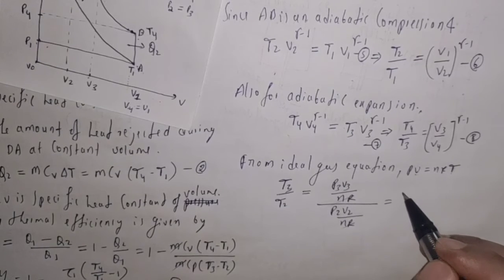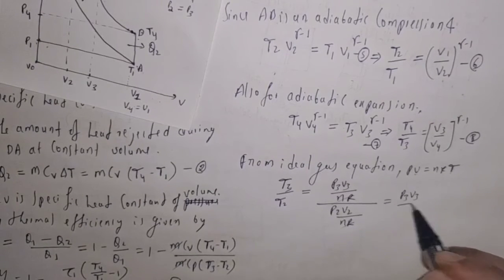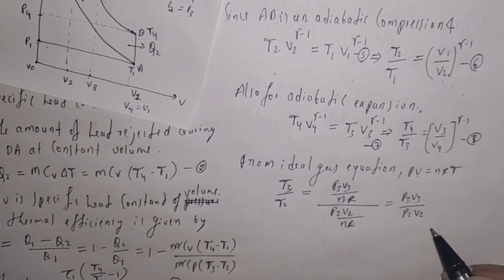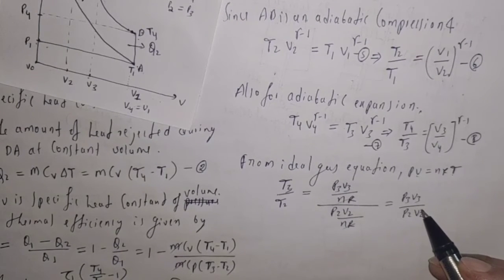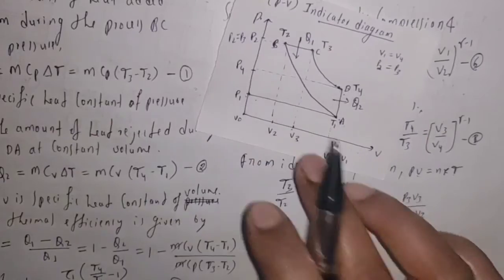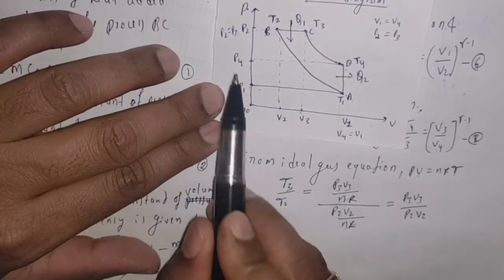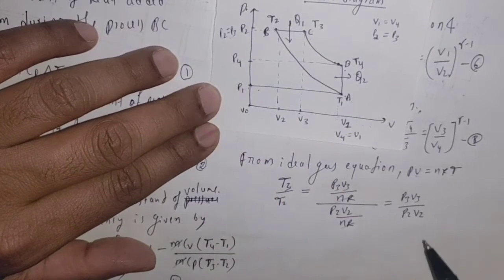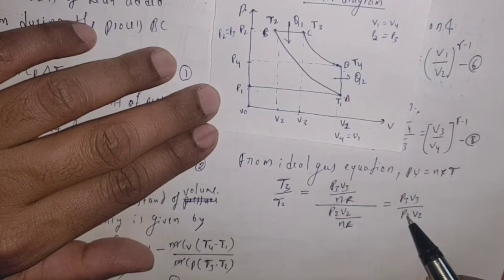Here we are going to get P3 V3 divided by P2 V2, but here in the indicator diagram we can see that P2 is equal to P3, so in place of P2 I am going to write P3.